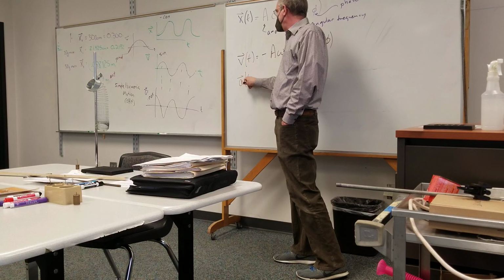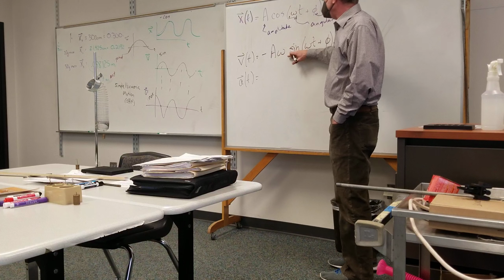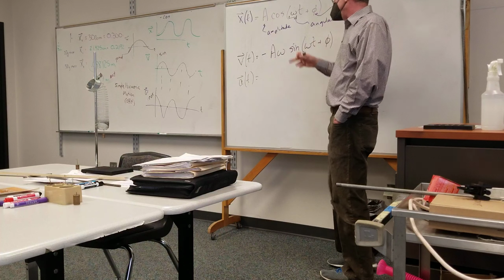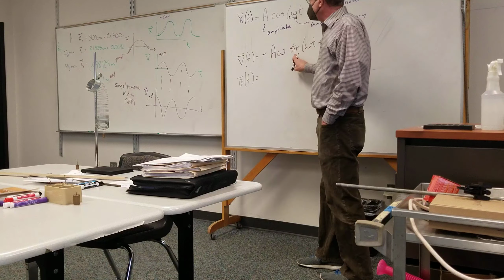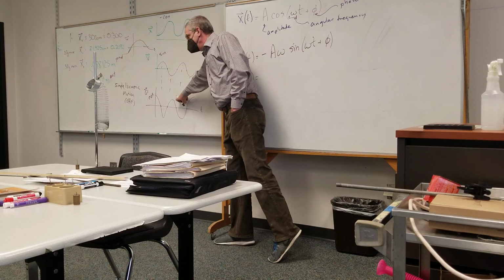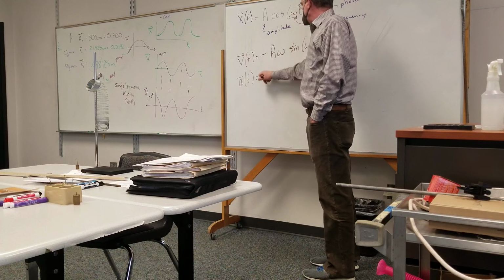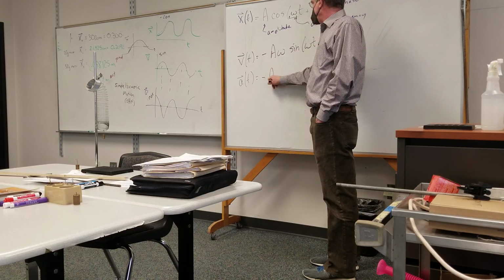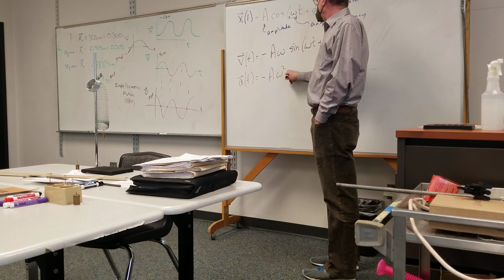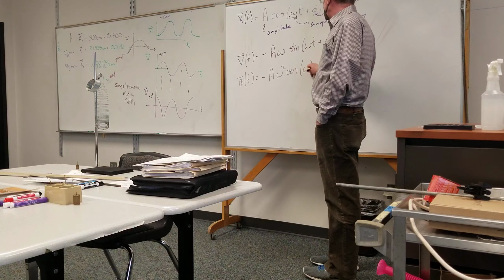Acceleration is the slope of this, and again, omega is going to pop out, and the slope of a sine is a cosine curve, so the sign still stays negative here: A omega squared cosine of omega t plus phi.